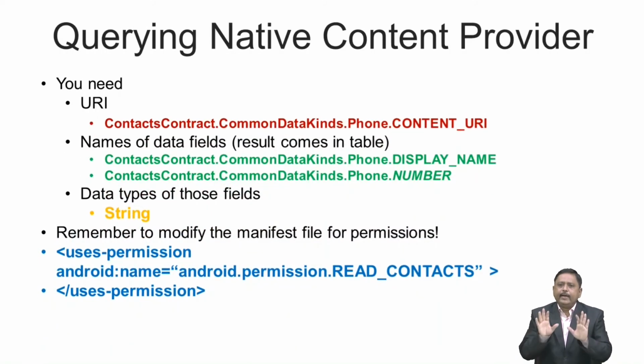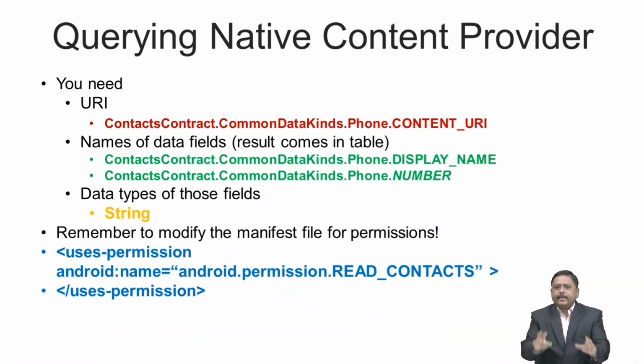Now, to query a native content provider, first you must know the content URI. That means how to access a particular content provider, which we have already discussed. So, our content URI is ContactsContract.CommonDataKinds.Phone.CONTENT_URI. So, we will use this constant to refer to contacts stored on our device.